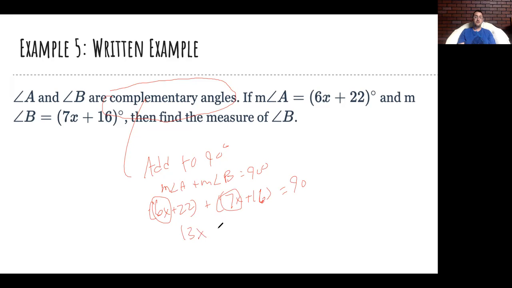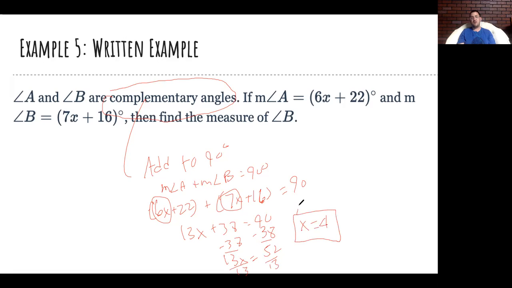And then I have 22 plus 16, so that's 38, equals 90. And I'm going to just solve for x. So subtract 38 on both sides. So I have 13x is equal to 52. And I'm going to divide by 13. So 52 divided by 13 is 4. So that's x equals 4.